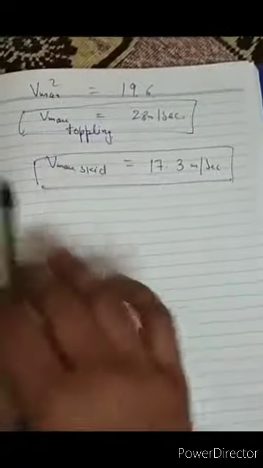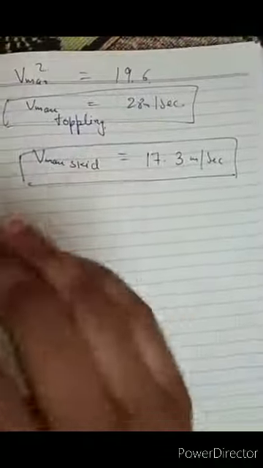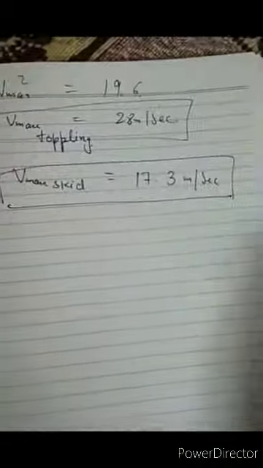Of course it will skid or slide first outward, because 17.3 comes earlier than 28. The car starts from 0, first it will reach this velocity and skid out, and for toppling you need this much velocity.